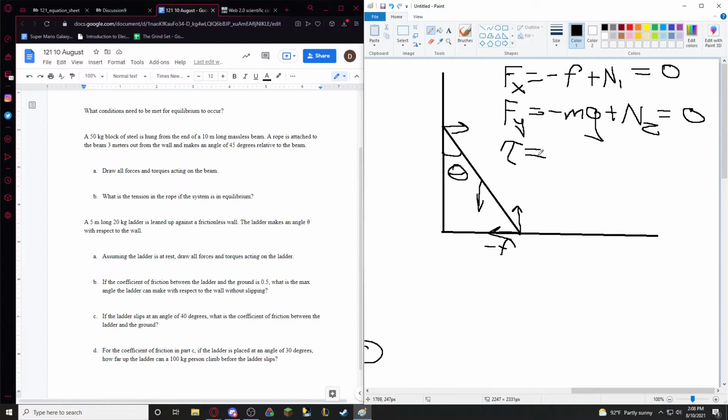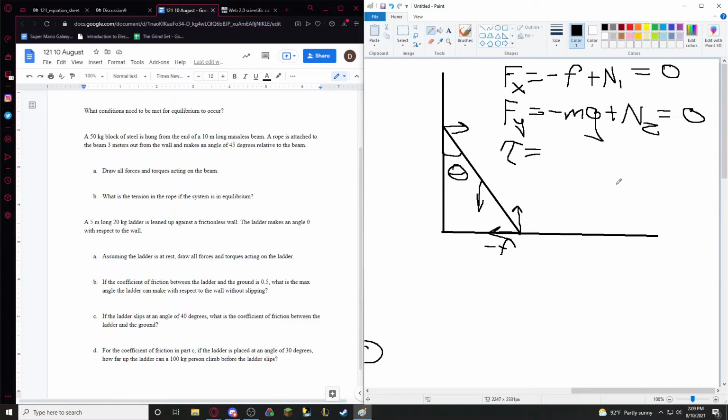So what is the torque acting on that point based on the other two forces? What's the torque from the weight of the ladder itself? It'd be positive L over 2 times the weight.